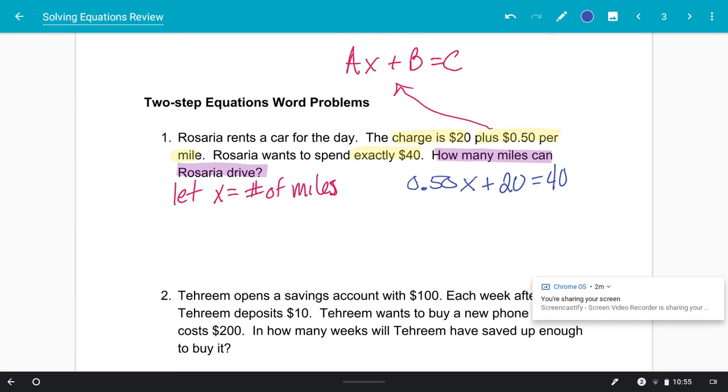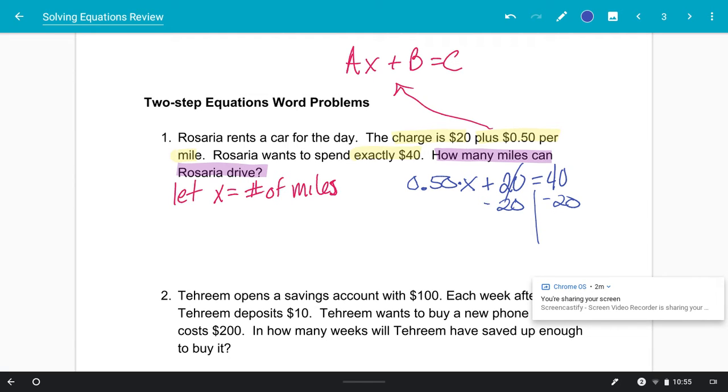All right, so once we've set up our equation, we're now ready to solve for x, which is our unknown number of miles. So solving for this, very similar to what we just did with our two-step equations. First, we have the 0.50 being multiplied by x, and then we're adding 20. So to undo and isolate the x, we're going to work backwards by subtracting 20 first.